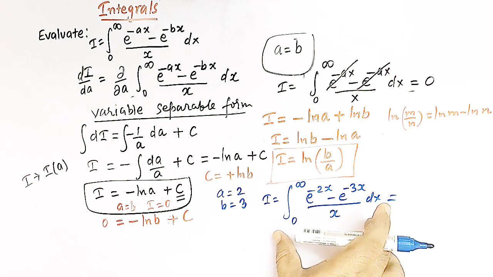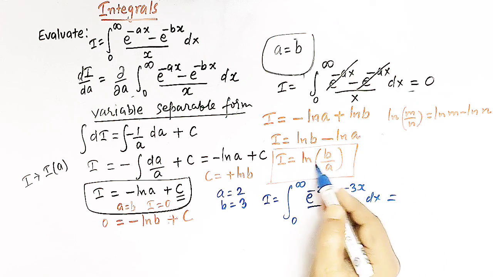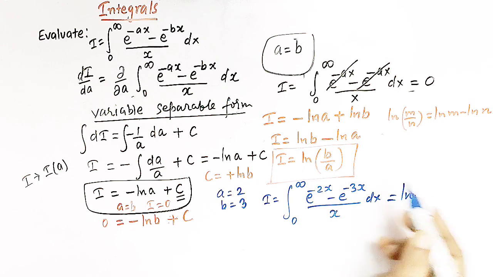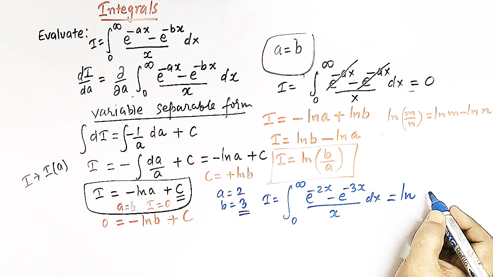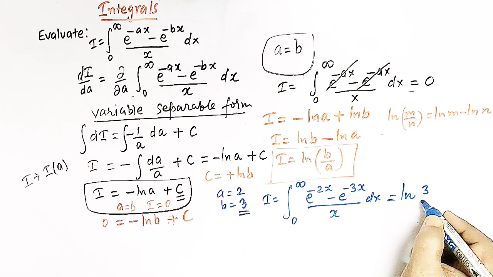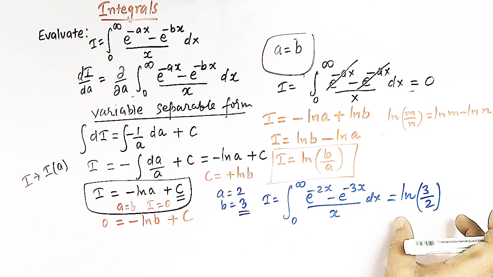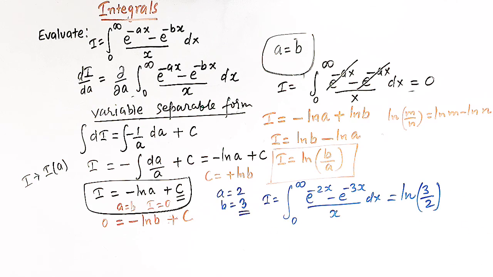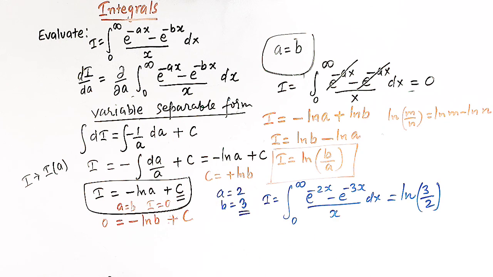So the value of this integral can easily be written with the help of this expression. So here we have natural log of b over a. B is 3 and a is 2. So we have natural log of 3 over 2. So the value of this integral is equal to natural log of 3 over 2. Similarly, we can find out the values of other integrals also by assigning different valid values to a and b.